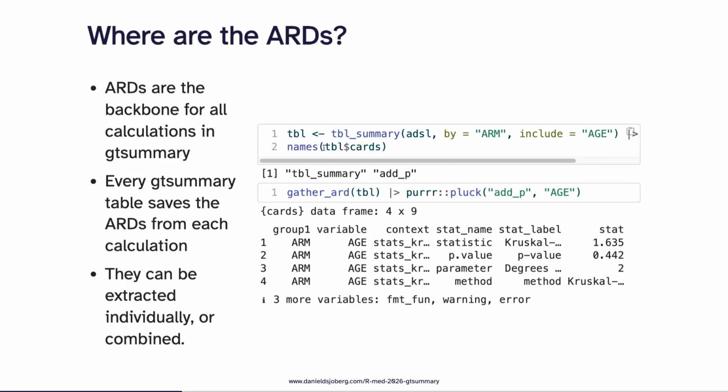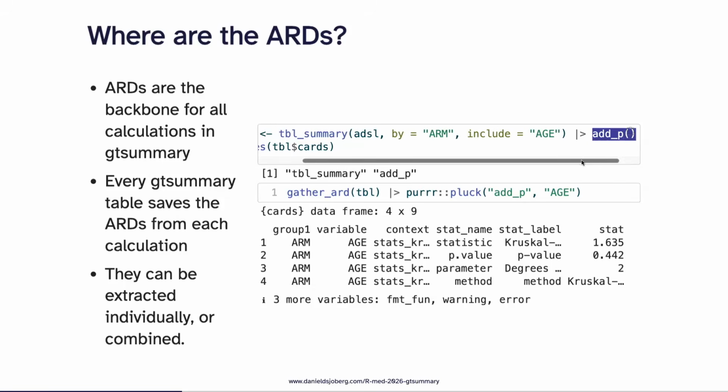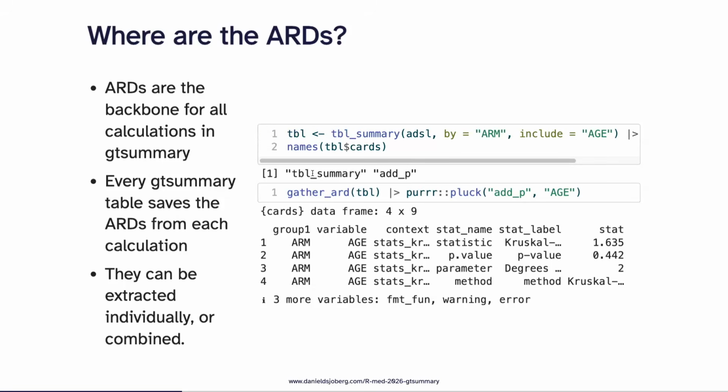Let me also show you, tbl_summary piped into add_p. So there's two things going on here. There's going to be two sets of ARDs, one for your base tbl_summary table, and then another one for the add_p, for those p-values.